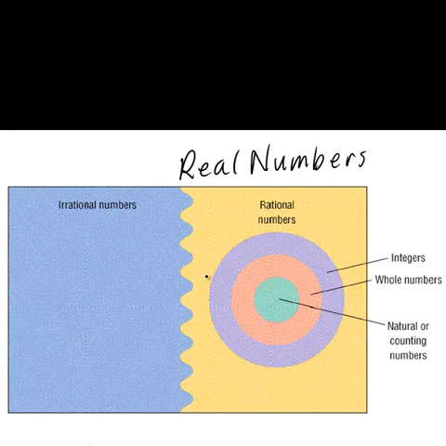Now, interestingly enough, and I'm just saying this as an aside, in reality, there turns out to be many, many more irrational numbers than rational numbers. But that's okay. You put the rational and irrational numbers together and you get the real numbers.